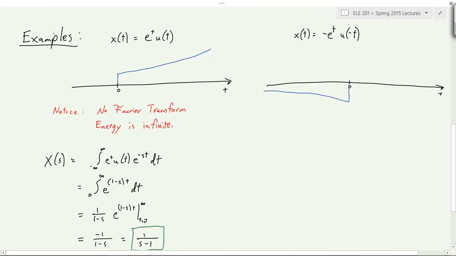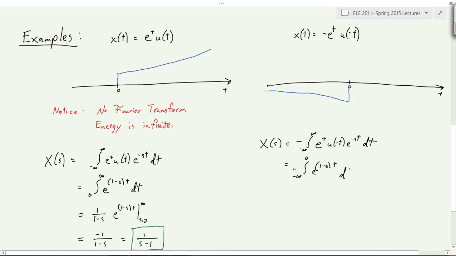So again, we're going to get X of s. All right. Negative, we can put the negative out front. e to the t, u of negative t, e to the negative st, dt. And that's going to be the integral from negative infinity to 0 of e to the, and now it's going to be 1 minus s, t.